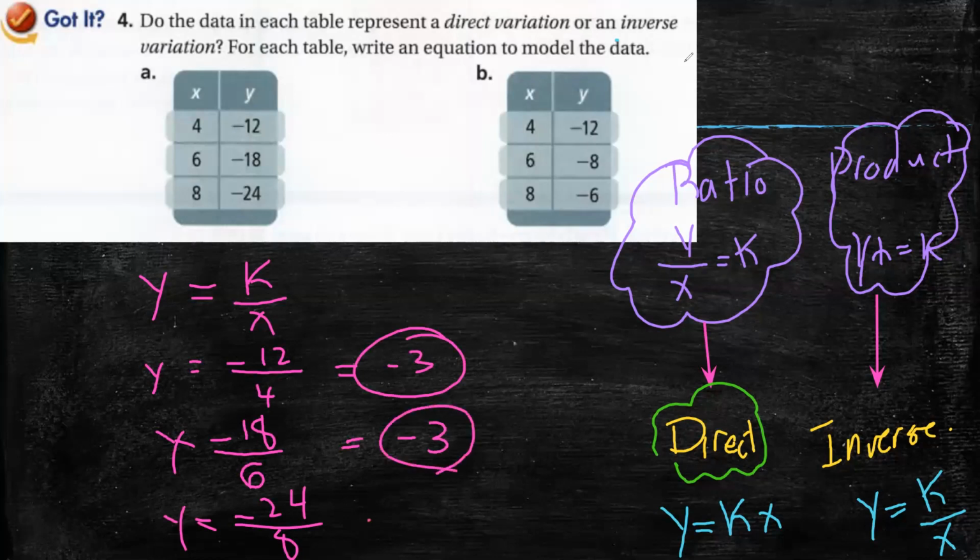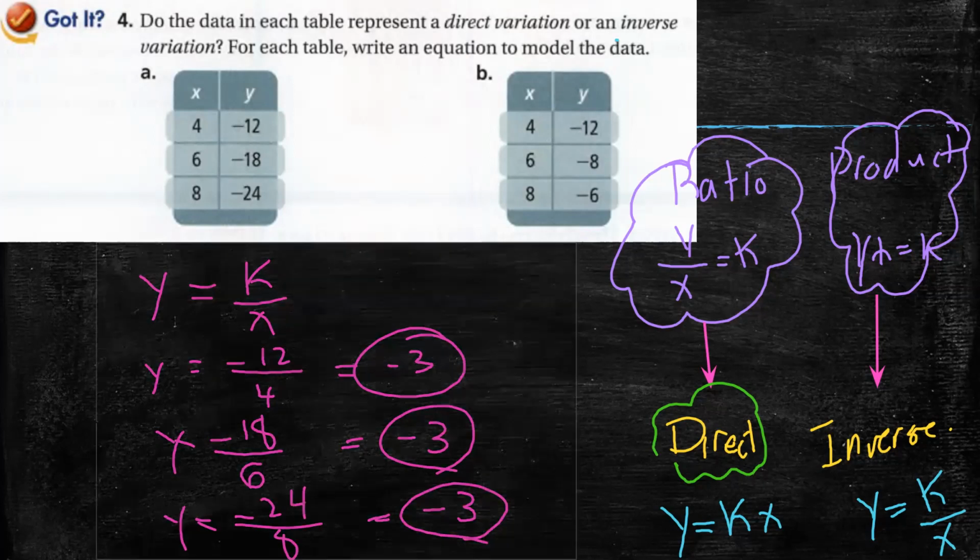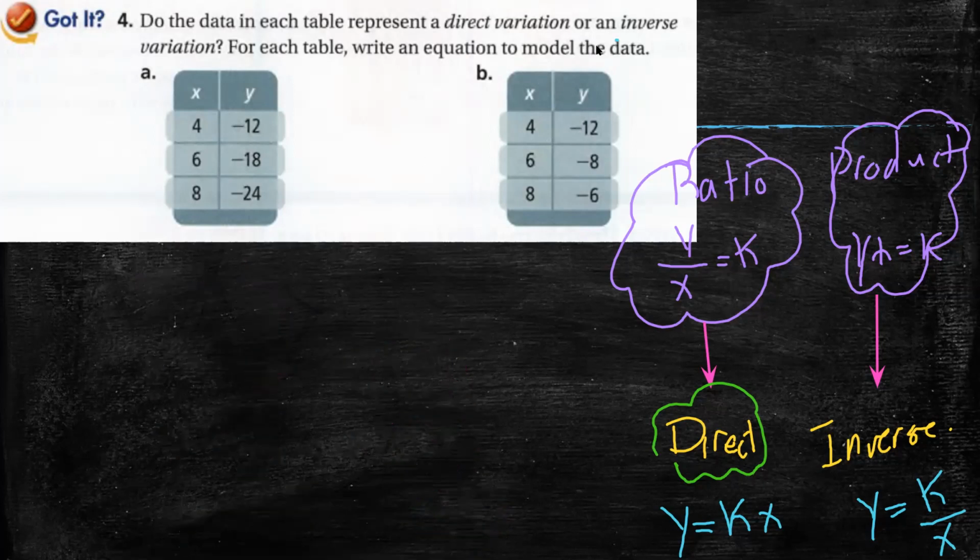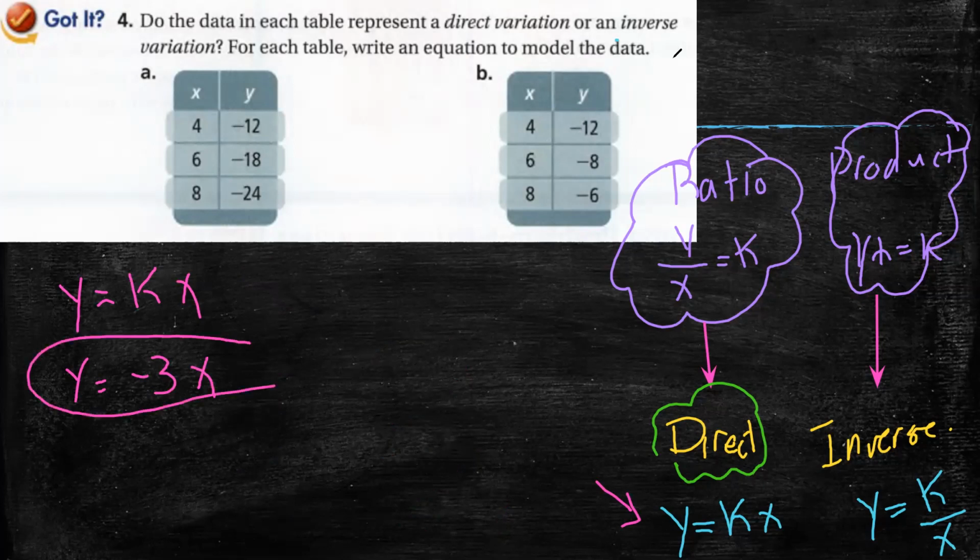And negative 24 over 8 is negative 3. Are they constant? Are they the same? Yes. So we can say that this is a direct variation. Now, what is the equation of the direct? y equals k times x, so y will be negative 3x.